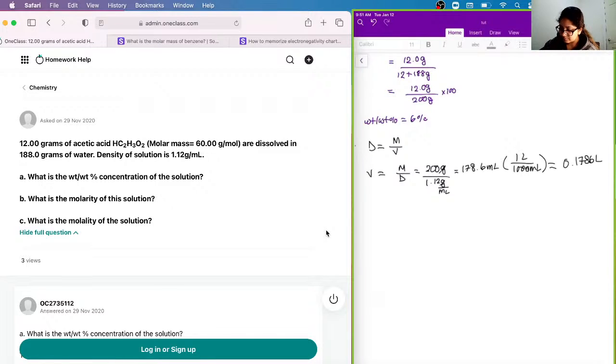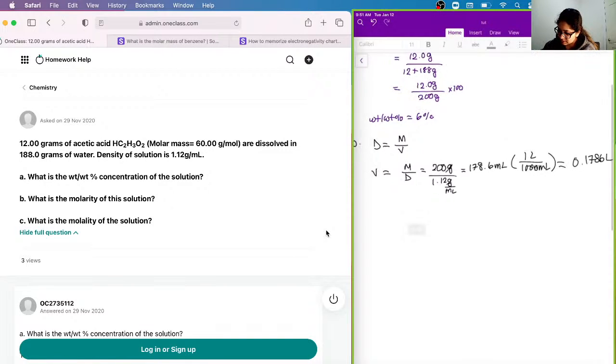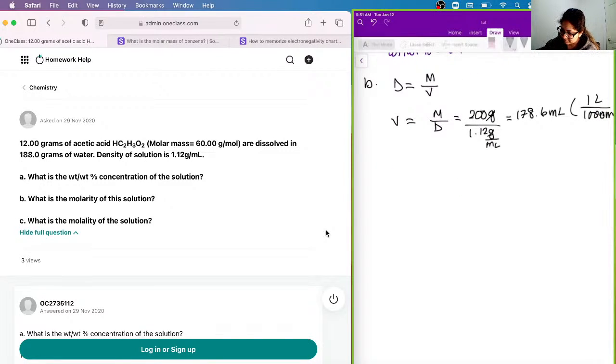Since we can find the number of moles, let's find the number of moles. And so we recall that to find the number of moles, we require molar mass and mass. And so for this, we would use the molar mass of acetic acid and the mass of acetic acid.